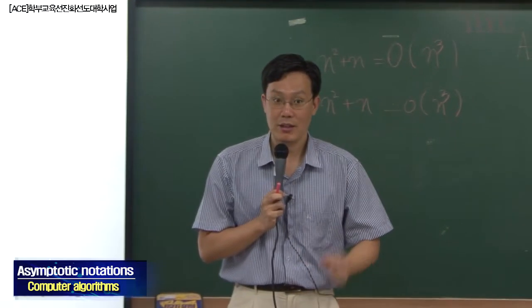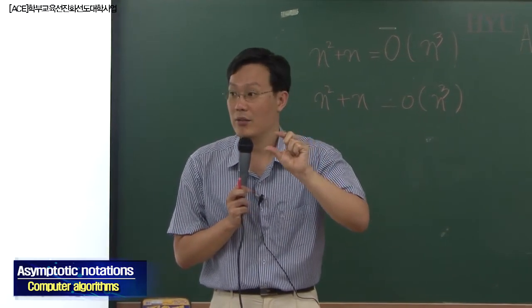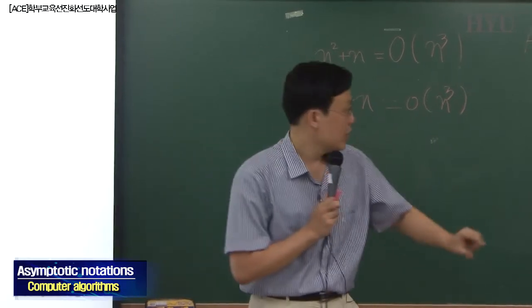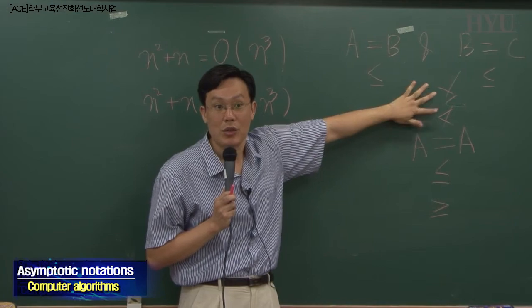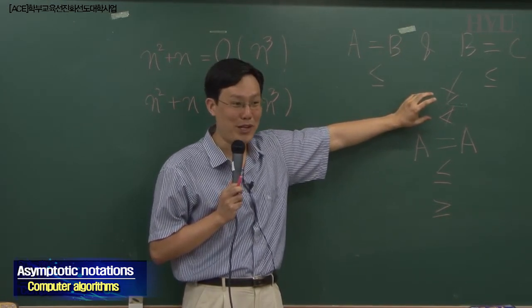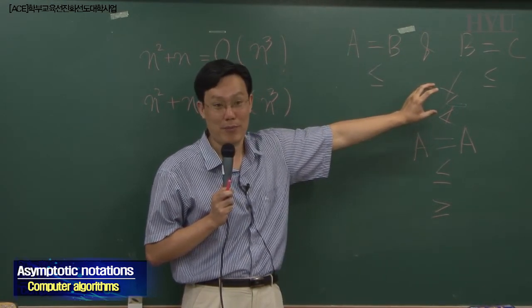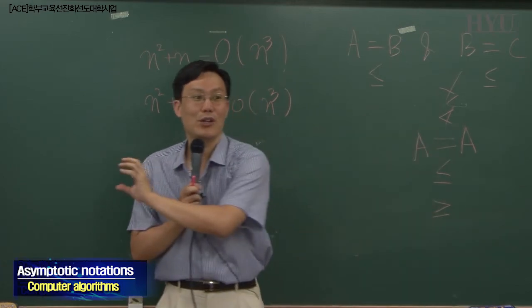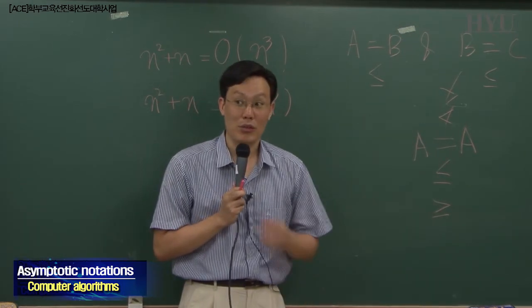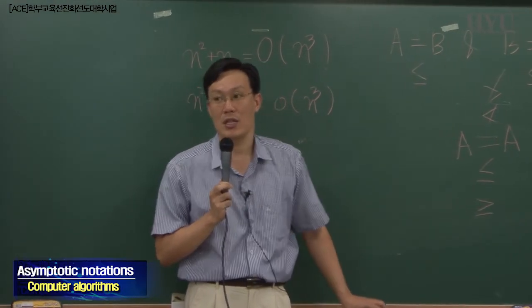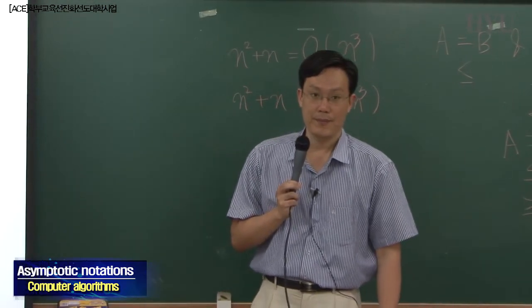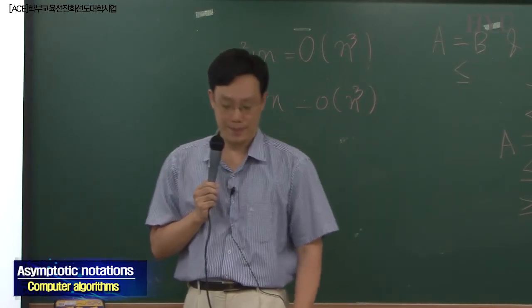As I said, little omega and little o correspond to these operators. So, because these operators aren't reflexive, those asymptotic notations aren't reflexive either.